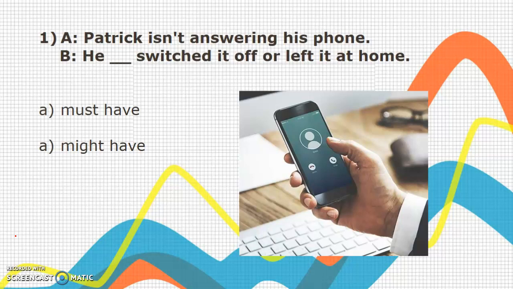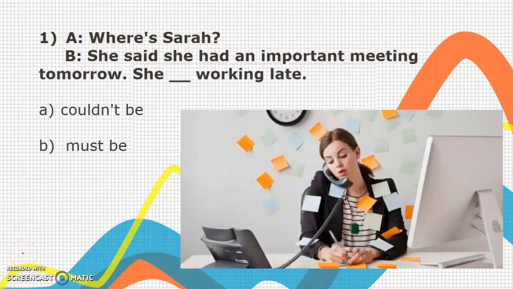He switched it off or left it at home. Must have or might have. Three: Where is Sarah? She said she had an important meeting tomorrow. She working late. A. Couldn't be or B. Must be.